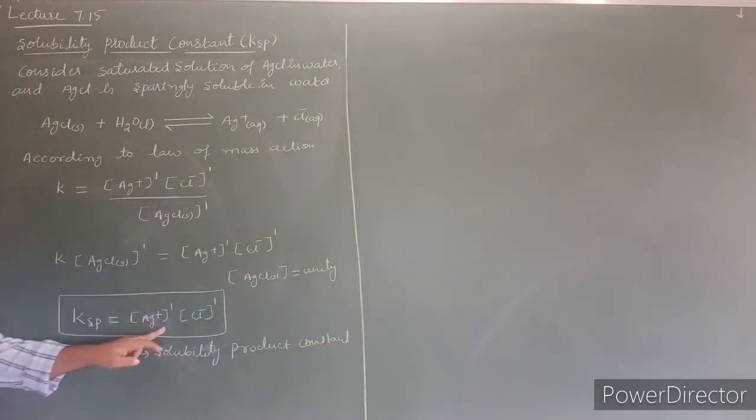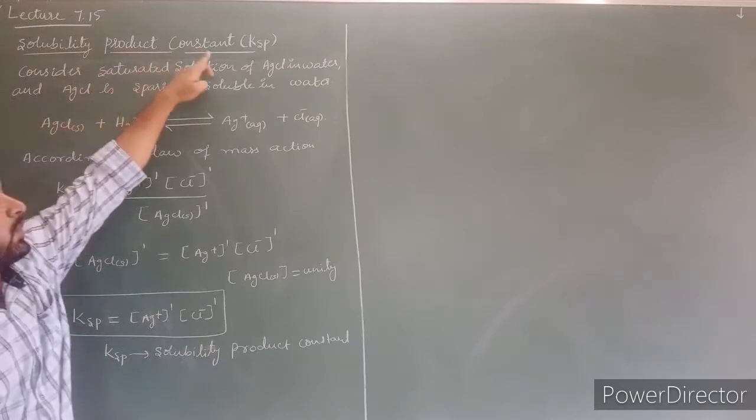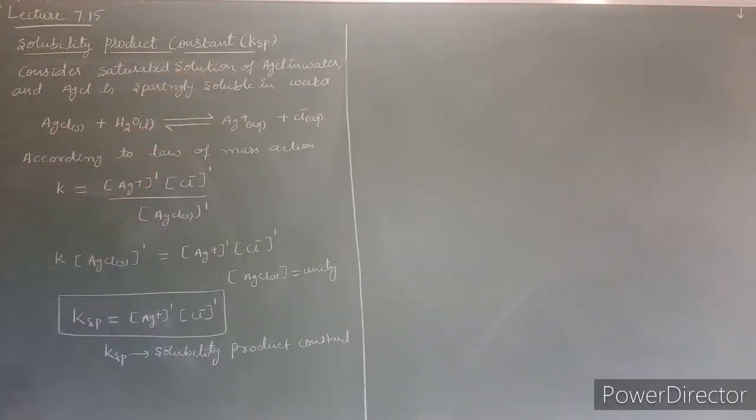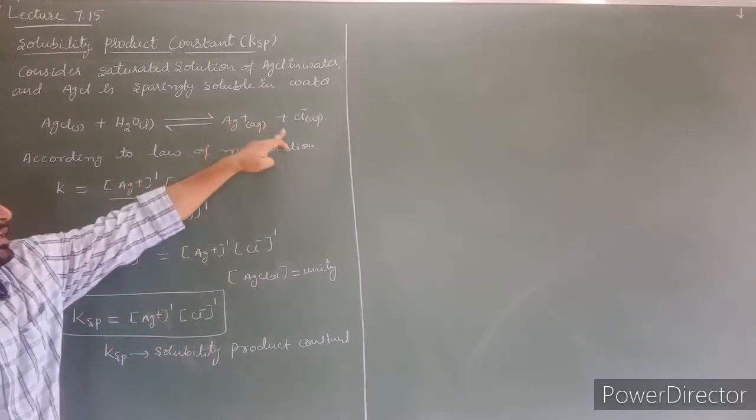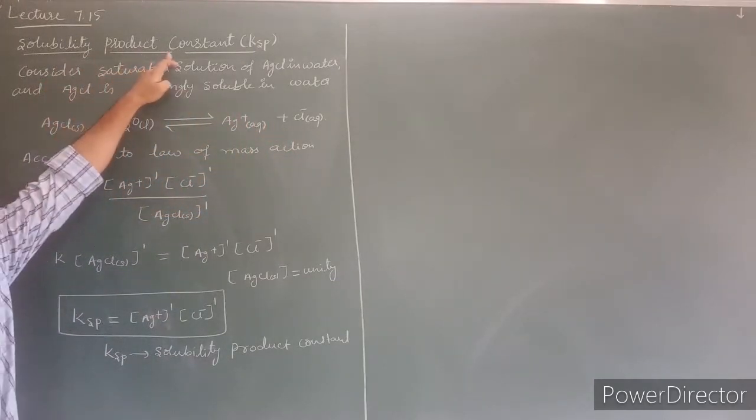From this mathematical expression, we can write a definition for solubility product constant. Here the definition is solubility product of salt at a given temperature is equal to the product of molar concentration of its ions in the saturated solution, with each concentration term is raised to the power of its stoichiometric coefficients in the balanced chemical equation is called solubility product constant.